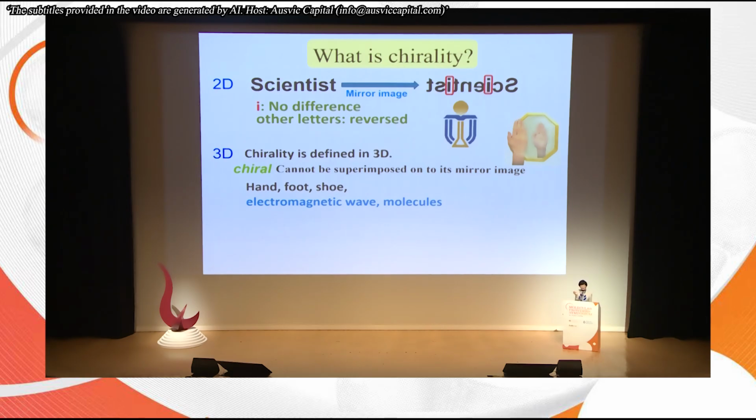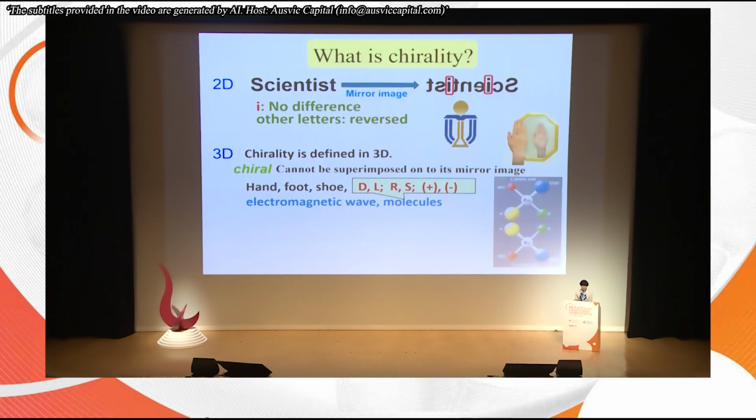Hand, foot, shoe, and electromagnetic wave and molecules. Of course, the molecules, this is the L amino acid, the bottom is the D amino acid. Of course, we use D, L, R, S to describe whether this is right-handed or left-handed.